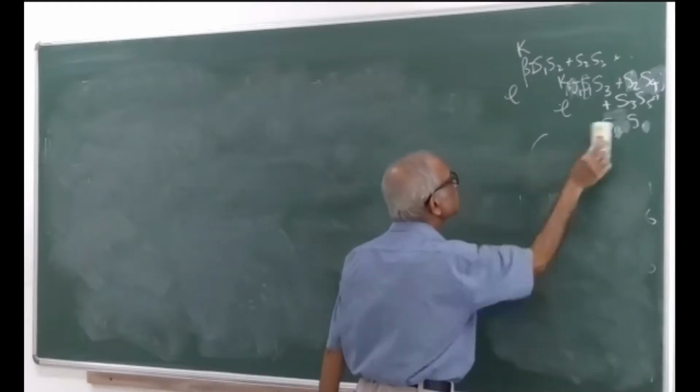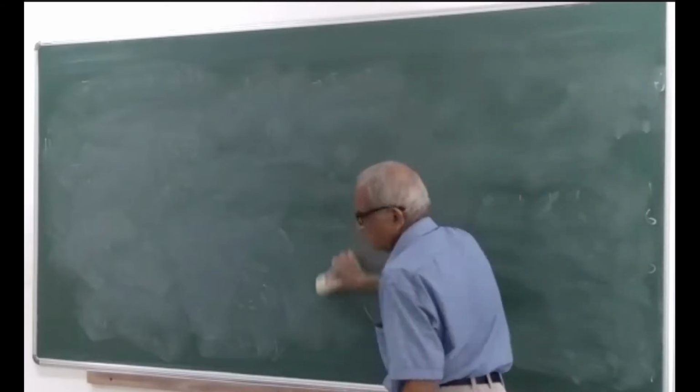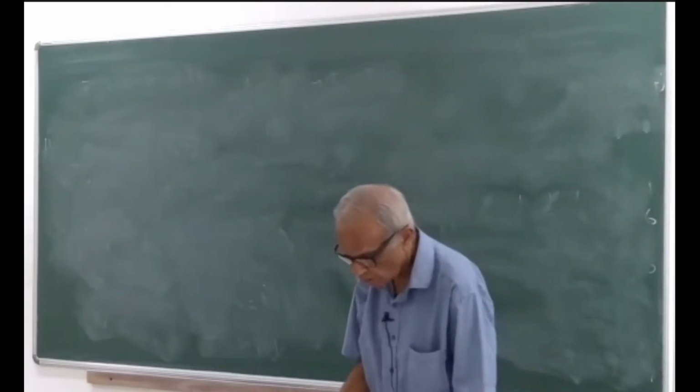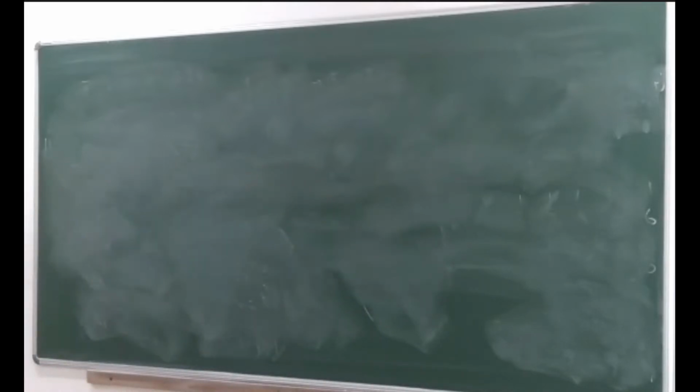So let's get the one-dimensional Ising model completely out of the way, with one more point to be seen on this. The last thing with this 1D Ising model is that let's go back to the transfer matrix.